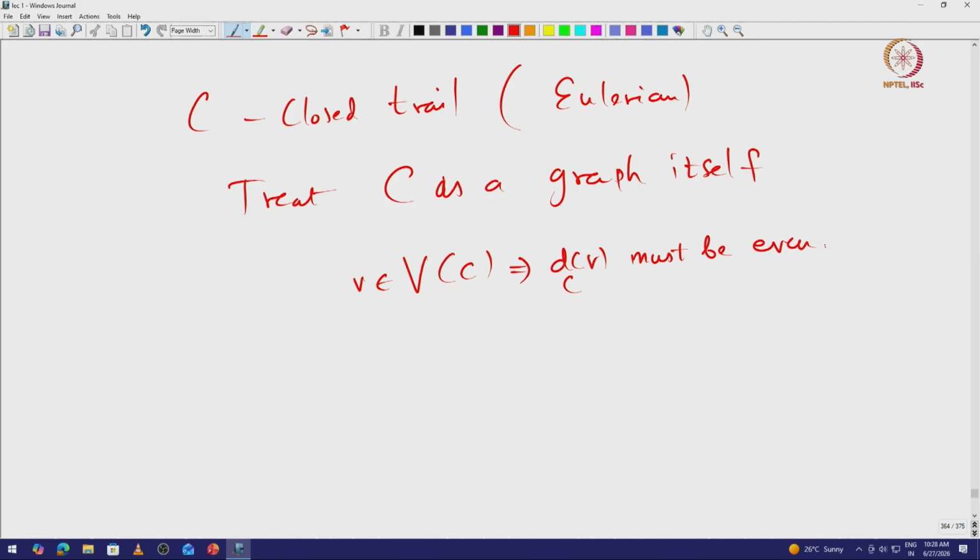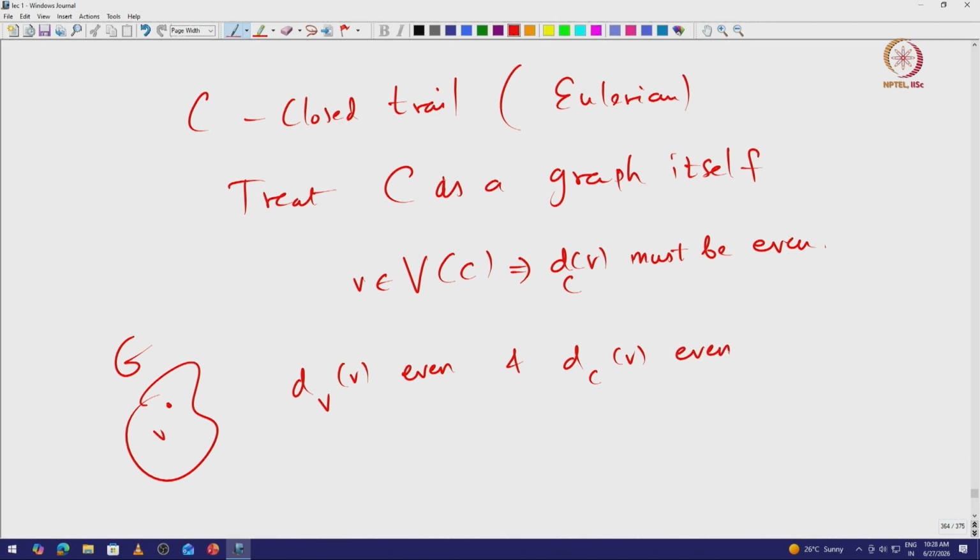Now if we look at the original graph G, the degree of any given vertex is even, and the degree of this vertex, if it appears in C, is also even.